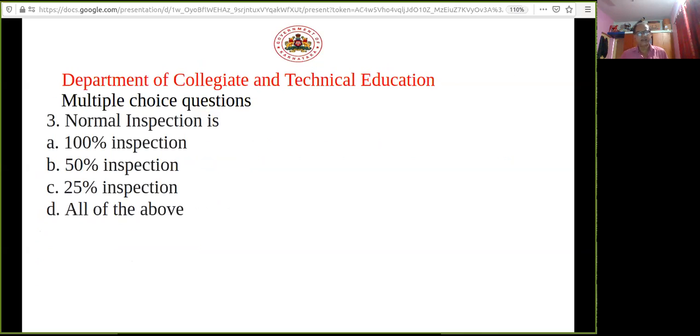Then the third multiple choice question: normal inspection is. We studied in the previous session the difference between normal inspection and SQC. The first point was that normal inspection is 100% inspection.